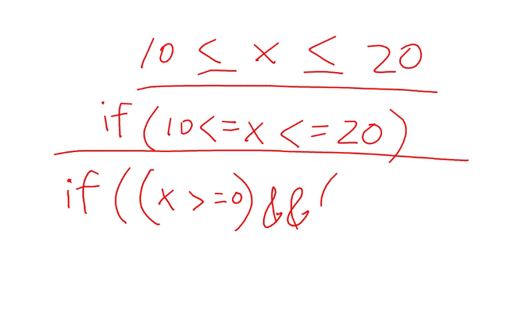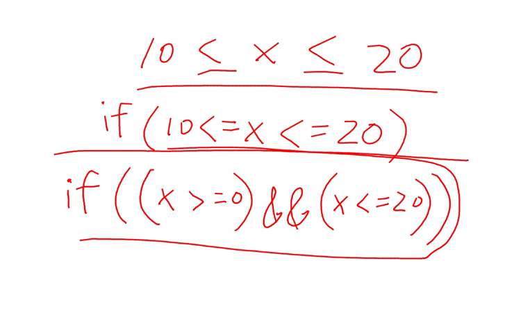The second part is to check whether x is less than or equal to 20. So x less than or equal to 20. And then make sure you close all your parentheses so they match up. So that's how you do the comparison, to check whether something is within range of two values.